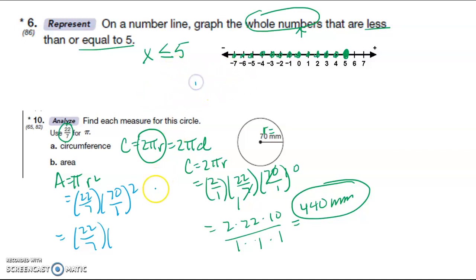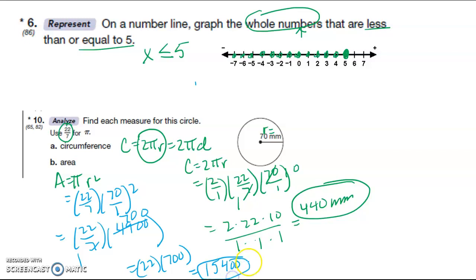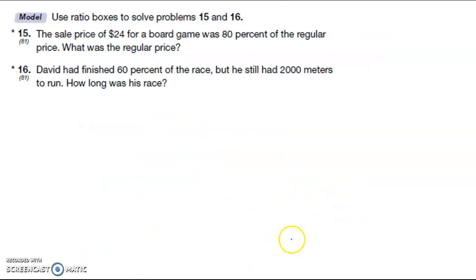Where are we? Okay, so 7 will go into that 700 times. So I have 22 times 700. Which is, I got, this is a super ugly number. I may have done something wrong. You guys can tell me.